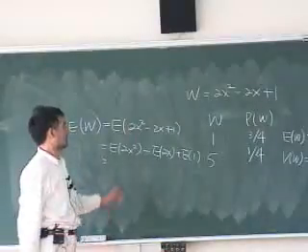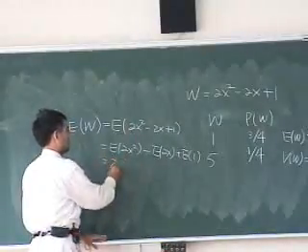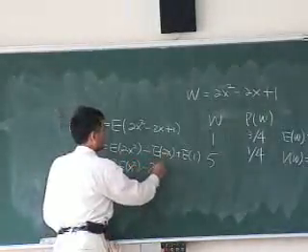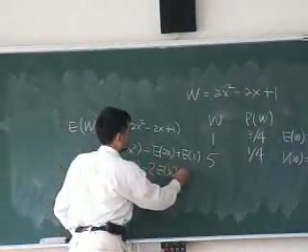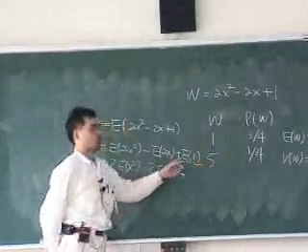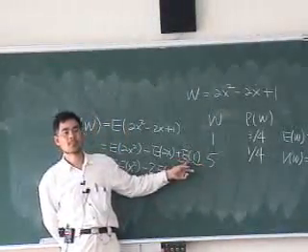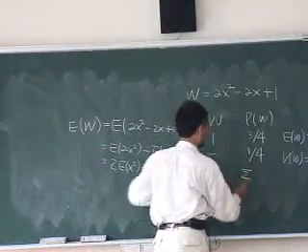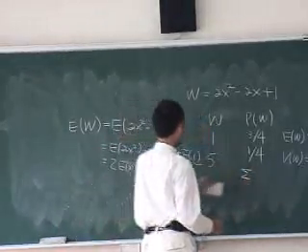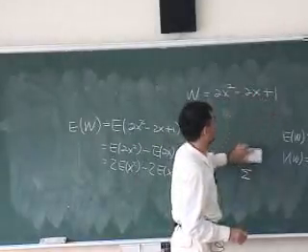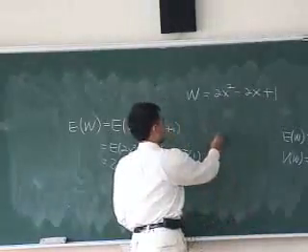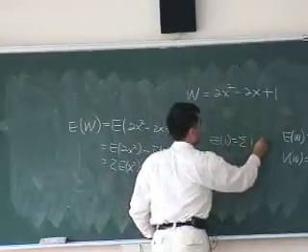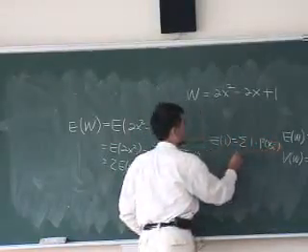So this is going to be 2 times the expectation of x squared minus 2 times the expectation of x. What about this one? What is this one equal to? The expectation of 1 is equal to the summation of 1 times p(xi), right?